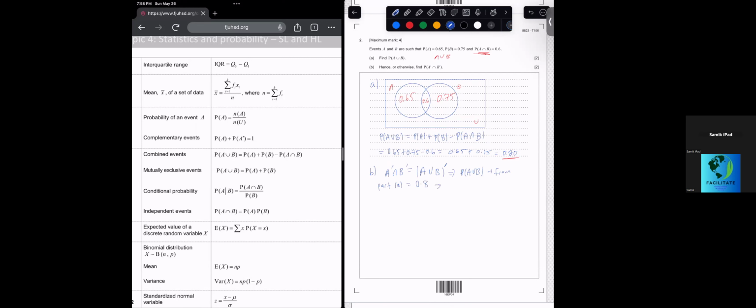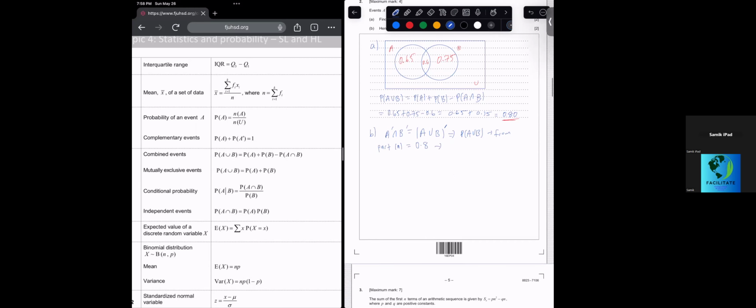Now if we don't want A union B, which is basically other than A union B, what's that? And probability only spans from a range of 0 to 1, right?